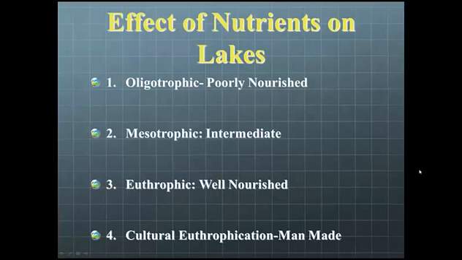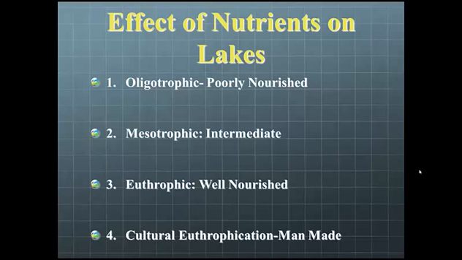Now, the effects of nutrients on lakes is something that is both natural and human influenced. When we talk about oligotrophic conditions, this is not just in lakes, this can be in soil ecosystems as well. These are poorly nourished ecosystems. You normally find lower biodiversity in these areas, and you'll usually find organisms with biology specifically tailored to exist in those environments.